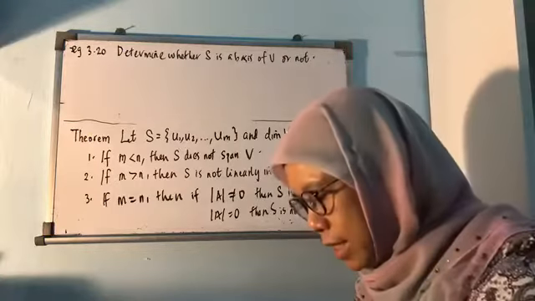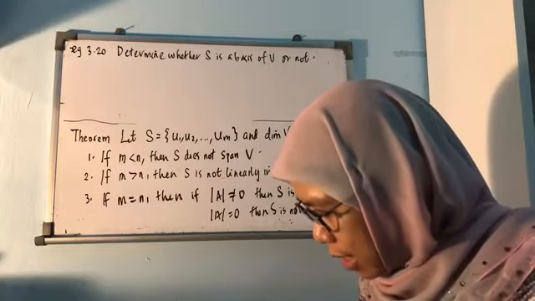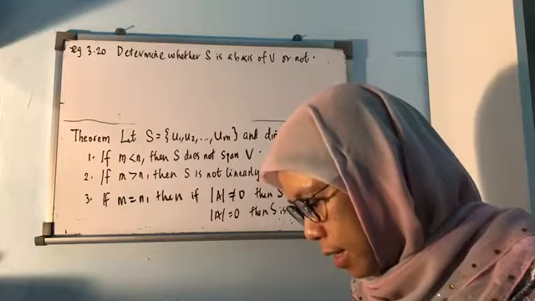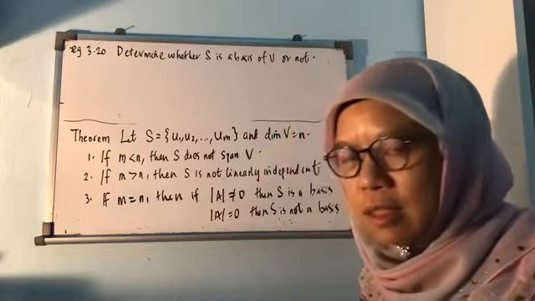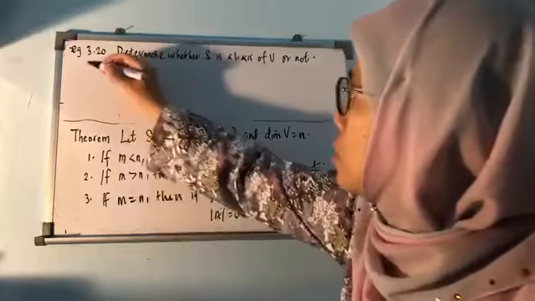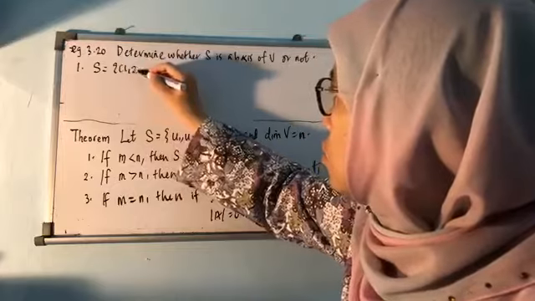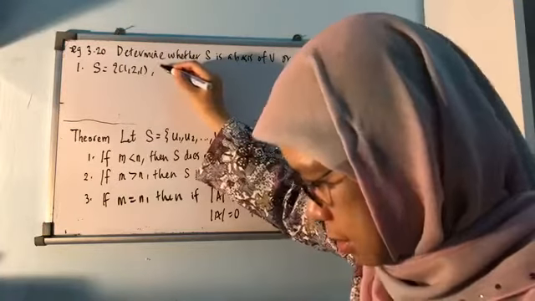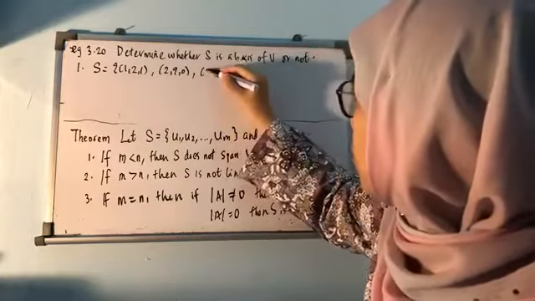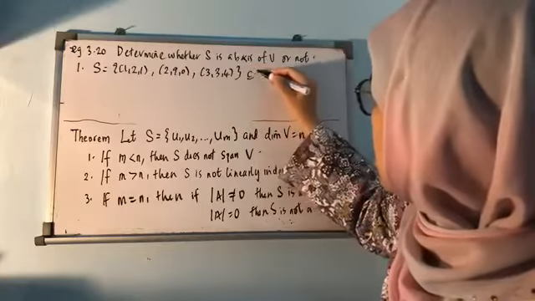If the question is determine whether, you have to answer at the end yes or no, right? If not, then you will lose the mark for the answer. Okay, so number 1, S is (1, 2, 1), (2, 9, 0), (3, 3, 4) in R3.